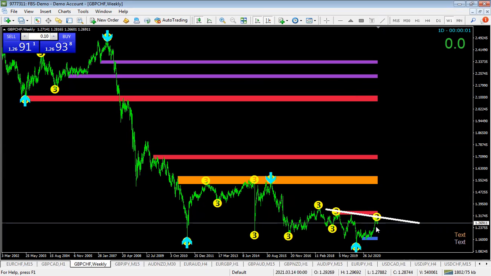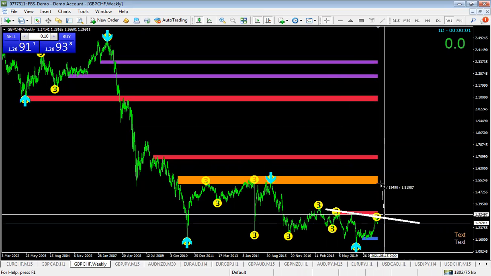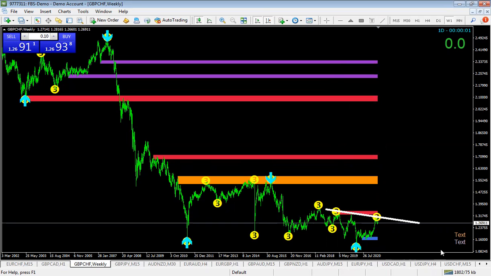So it's going to bounce here, boom, break through the neckline. And when we do break through the neckline, you know how far this market is going to go. That'll be close to about 2,000 pips. Yeah, about 2,000. But this is on the weekly, right?